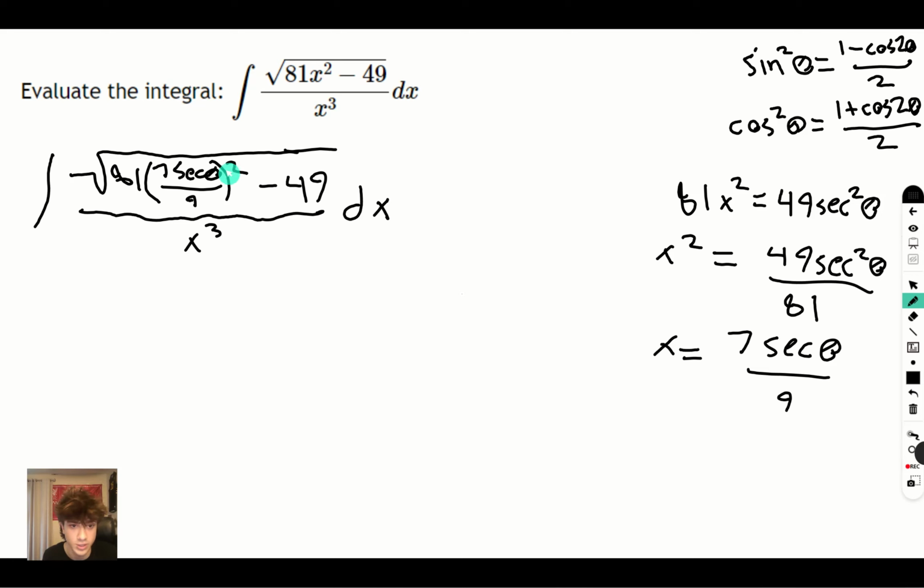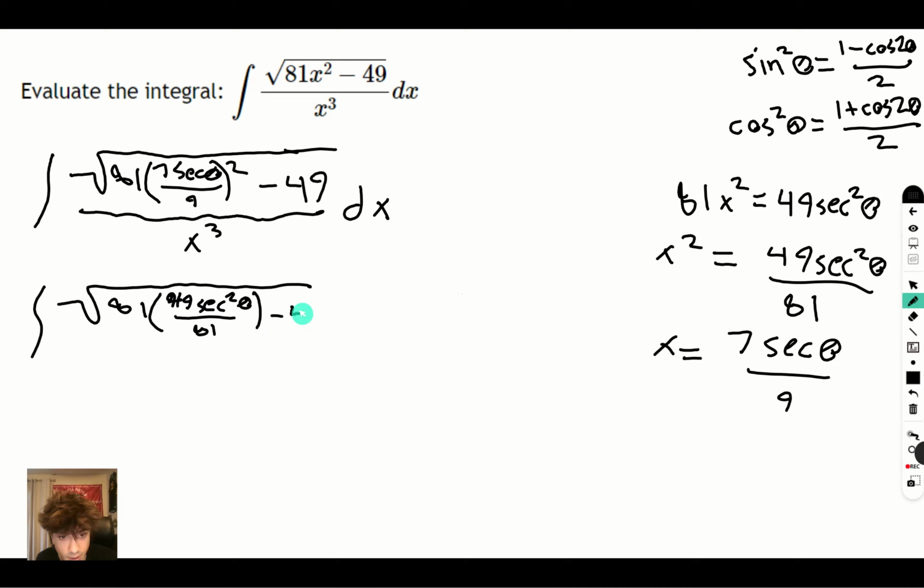continue with this equation. So once we expand this, we get what we get here, because this is just the x term being squared. So we'll get square root of 81 times 49 secant squared theta over 81 minus 49, over x cubed dx.